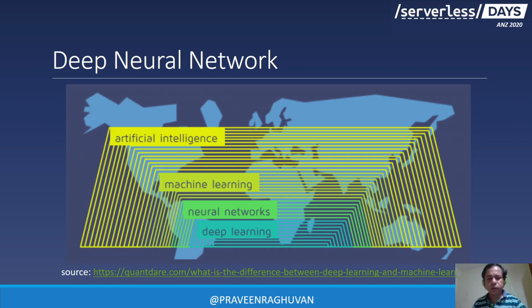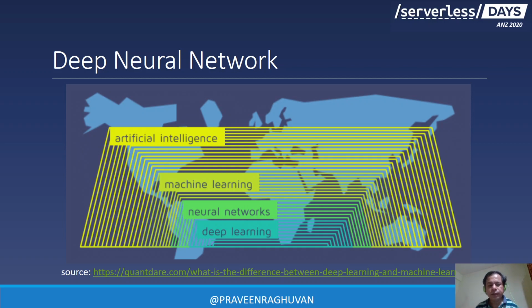So this is all about the neural network, but how is deep learning different from normal machine learning? That's a question that comes to everyone's mind. Machine learning involves some manual tasks, whereas in deep learning everything is automated.